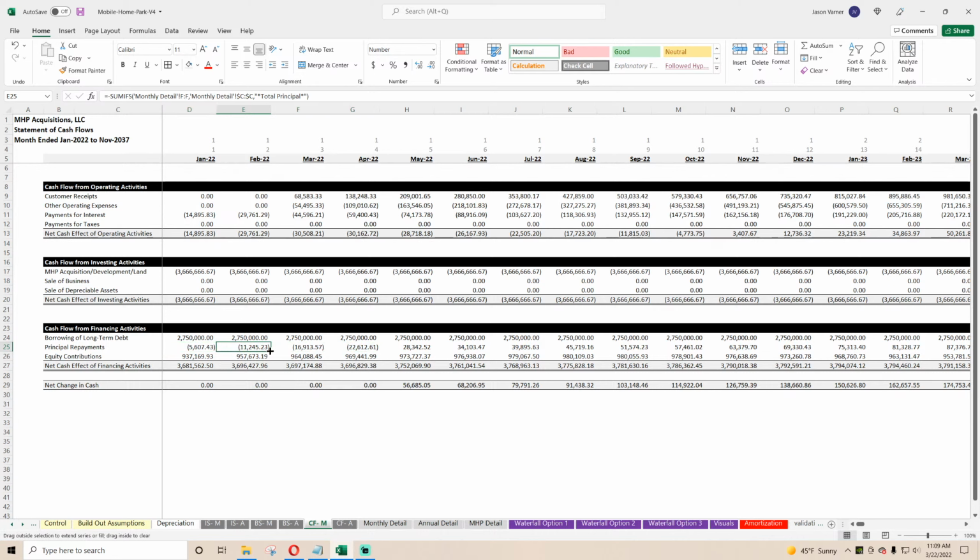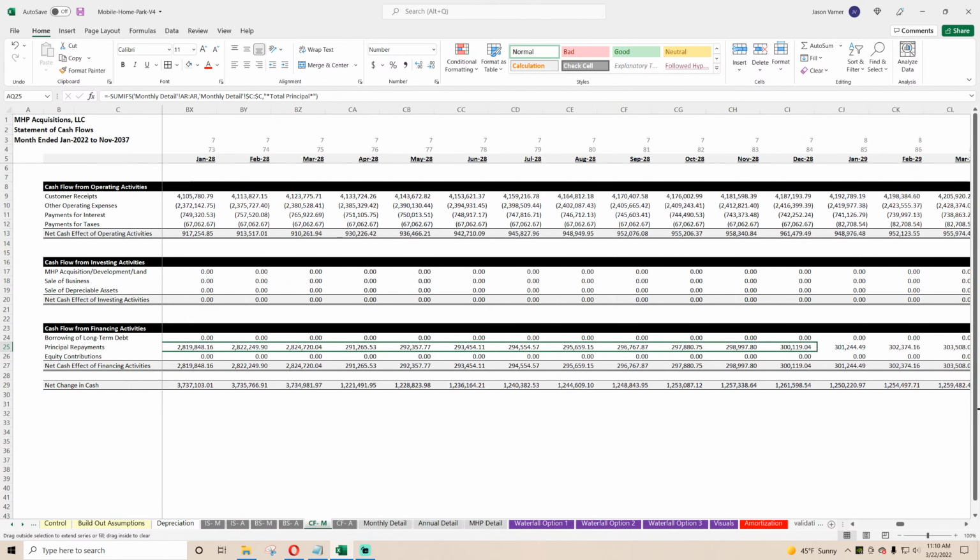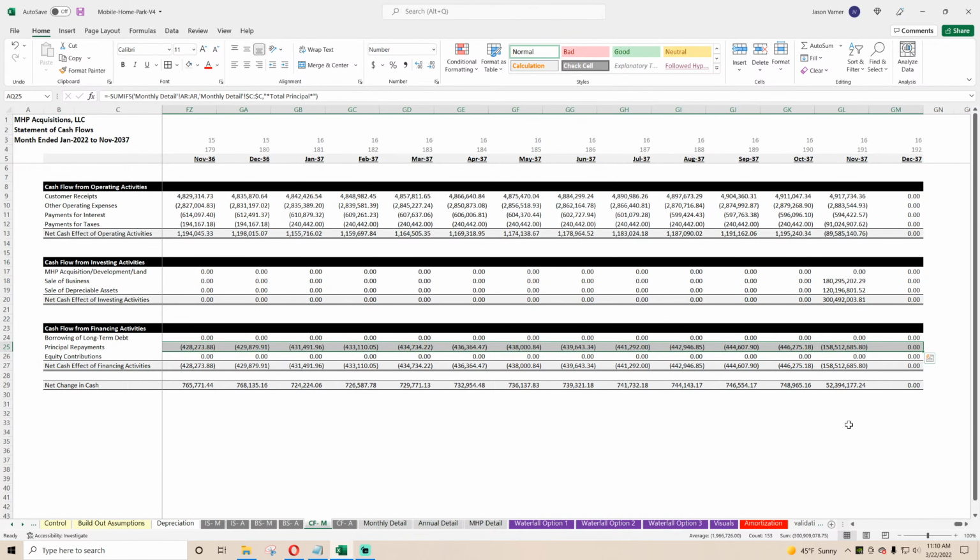We're basically just borrowing just enough money to cover any burn of operations plus the acquisition requirement of equity on each one. So borrowing is paying this back. Let's make sure we're not double counting anything.